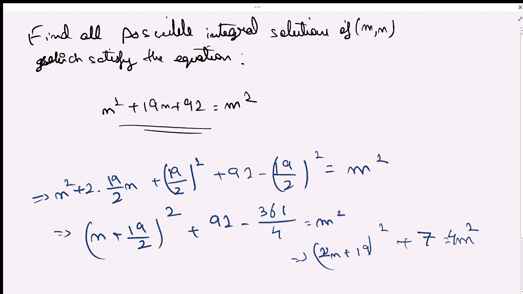I'm making you understand the steps. What we are doing is taking this 4 common from the LHS and cross multiplying it to the RHS. So here we do LCM, and it becomes 2n plus 19 whole square over 4 plus 368 minus 361, which is 7 over 4, and we cross multiply this 4 to m square, and this is what we are left with.